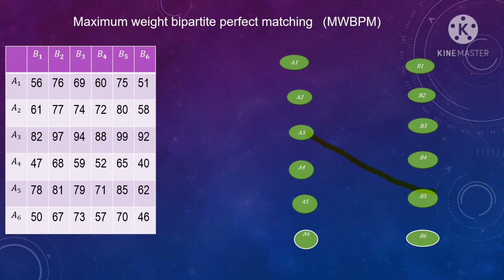What number do we need to find? This is the B5, and this is the A3. Where is the center number that we need to find? The number that we need to find is 99.